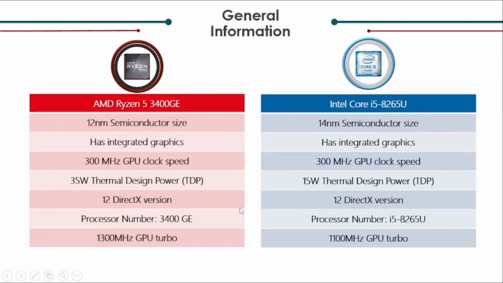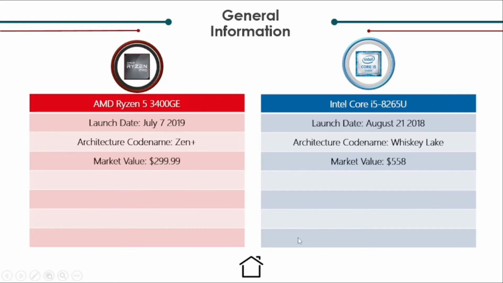Also both has 12 DirectX version, and for the GPU turbo, the AMD Ryzen 5 has 1300 MHz, and for the Intel Core i5-8265U, we have 1100 MHz.